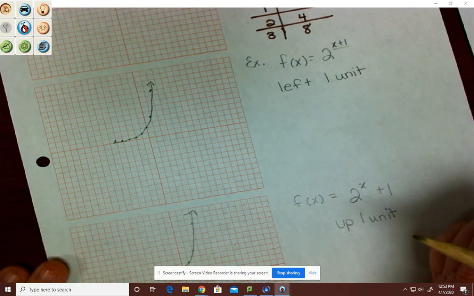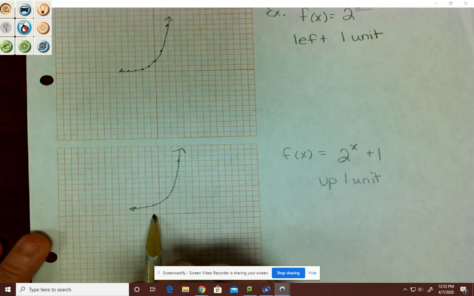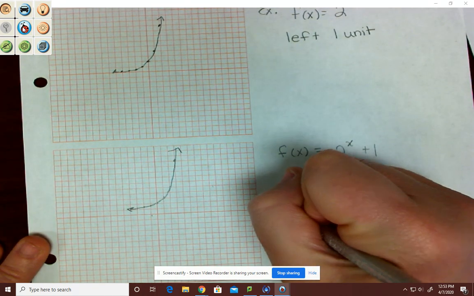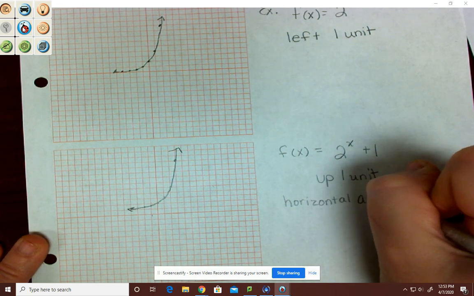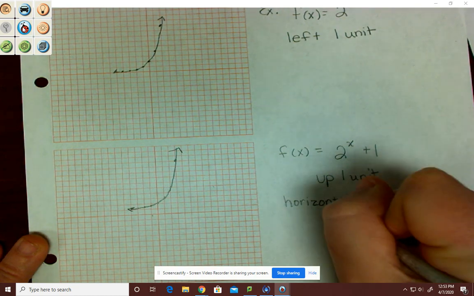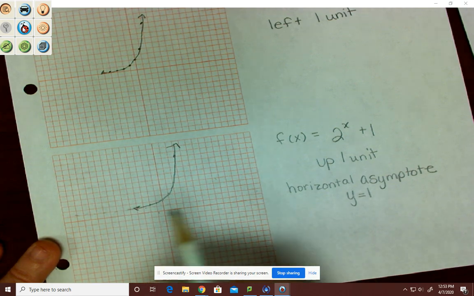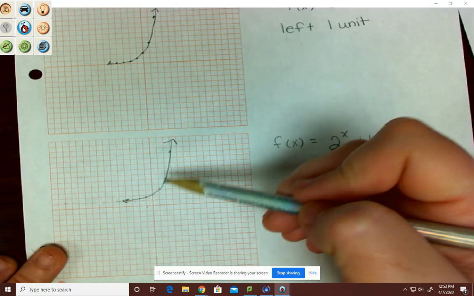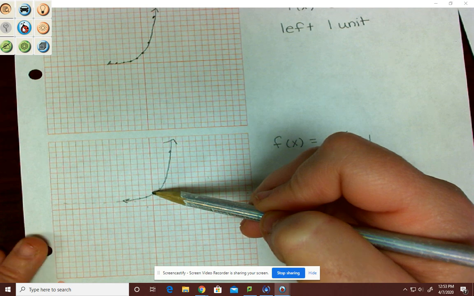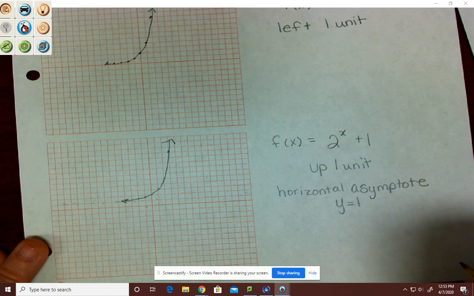All those points are the same, but here we can see instead of getting closer and closer and closer to the x-axis, this is now getting closer and closer and closer to the line y equals 1. So now the new horizontal asymptote here is y equals 1. So this is the line that it's getting closer and closer and closer to but doesn't actually touch. It did also change the y-intercept from 0, 1 to 0, 2. Domain is still the same. The range would change. It would be from 1 to infinity with parentheses.